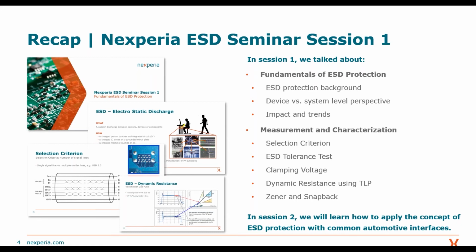Then we moved on and discussed the selection criteria we have to consider when choosing a good ESD protection. We presented the key parameters, and we also showed how we can measure and characterize them. So in today's session, we will apply our latest learnings from Tuesday to the most common automotive interfaces.